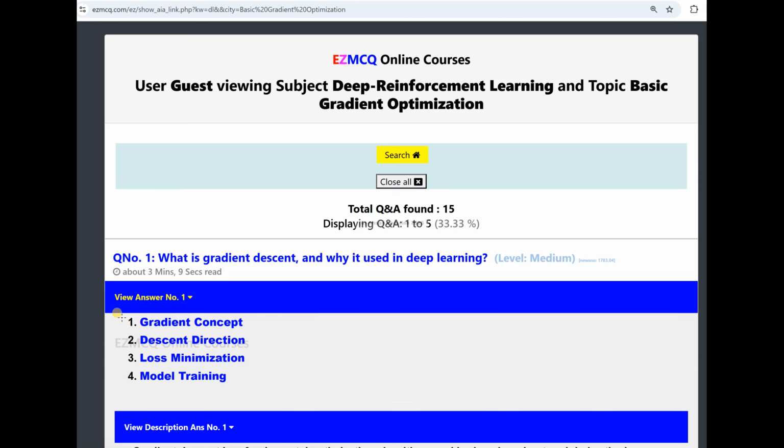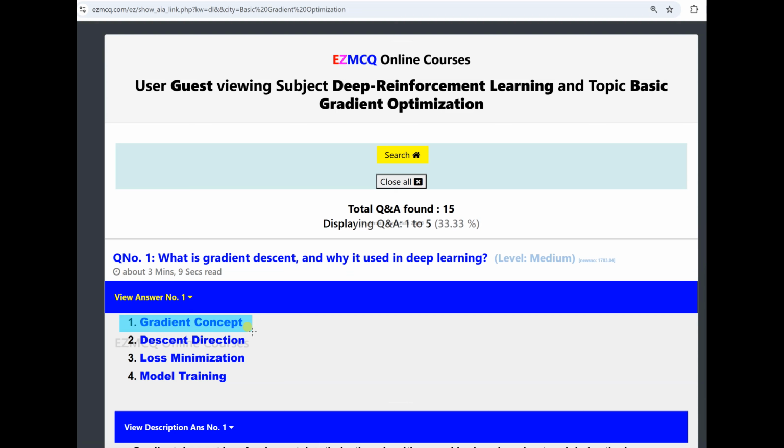So let's look at the concept of the gradient. What does the gradient mean? That is the direction of the steepest increase of a function. In deep learning, it identifies how the model's parameters are affecting the loss.